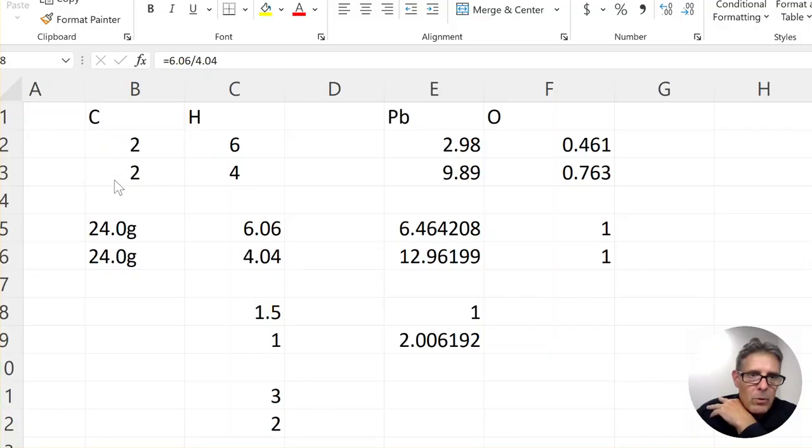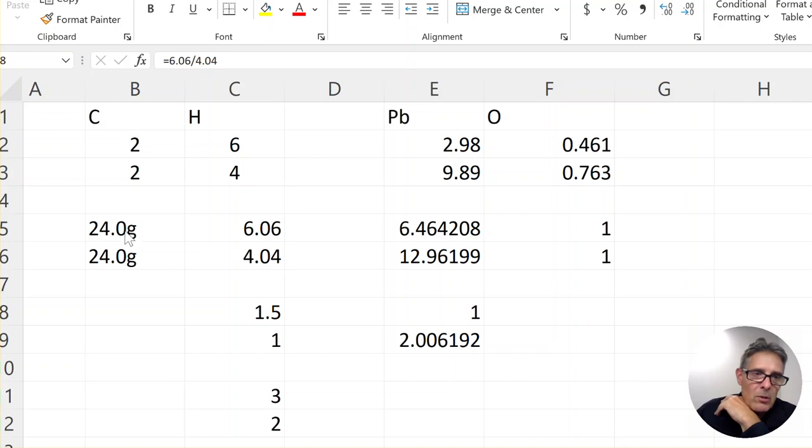All right, here I put that problem on a spreadsheet. Here's my carbon, and the first compound is C2H6. My second compound is C2H4. In both cases, both compound A and compound B, I have 24 grams of carbon, because I looked carbon up on the periodic chart of the elements, and there's 12 grams per mole, or 12.0 atomic mass units for each carbon, and 24 for the two.